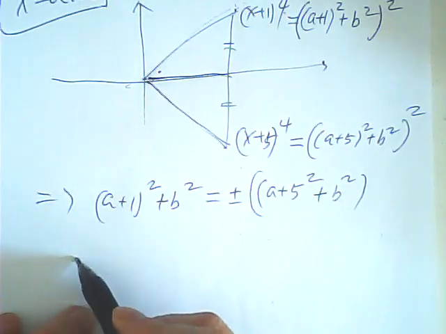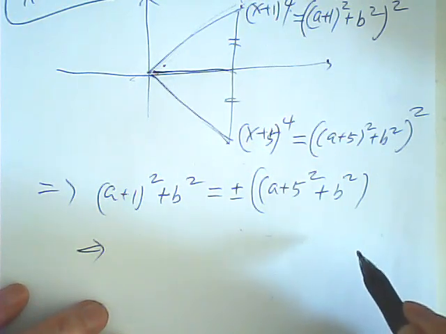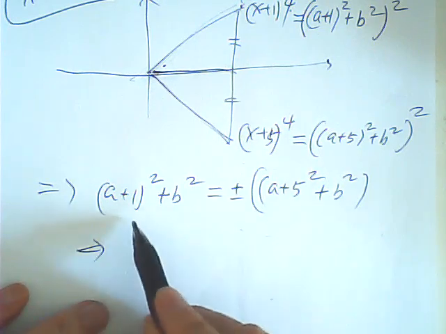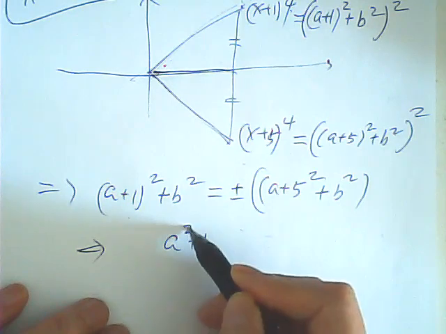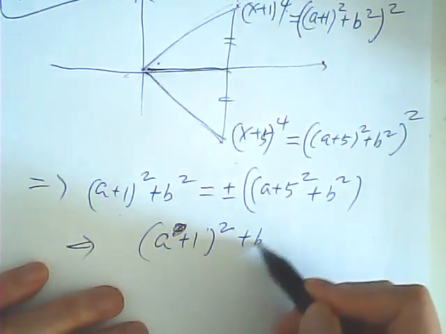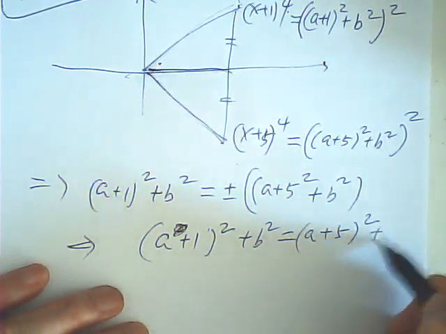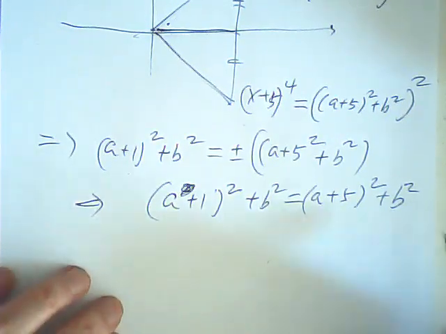Then this one, squaring, a plus 1 squared plus b squared equals a plus 5 squared plus b squared.